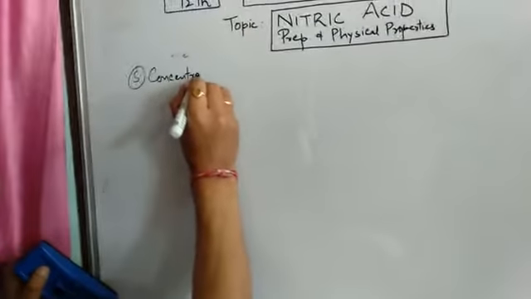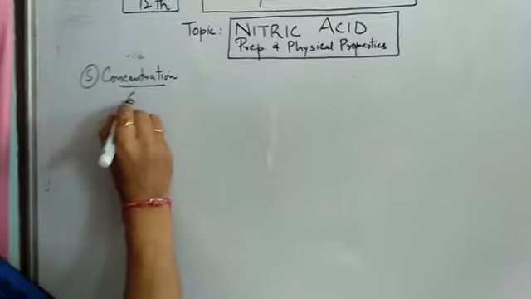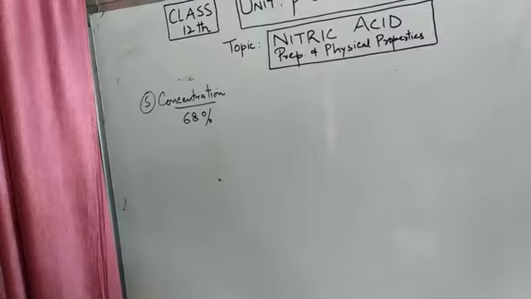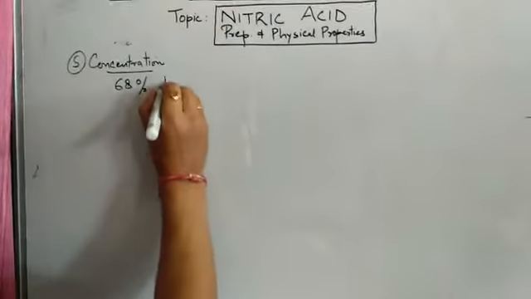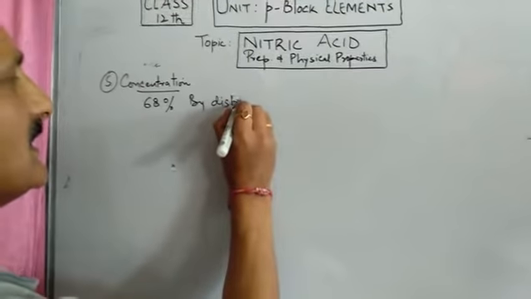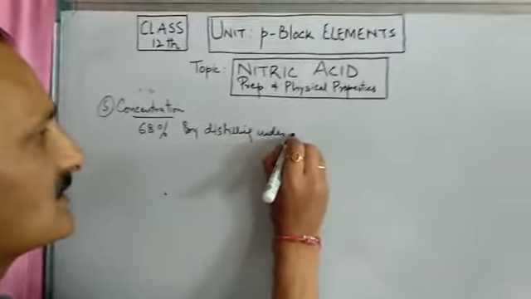Now this nitric acid is concentrated to about 68%. Now how do we concentrate it? We concentrate it to 68% by distilling nitric acid under reduced pressure.